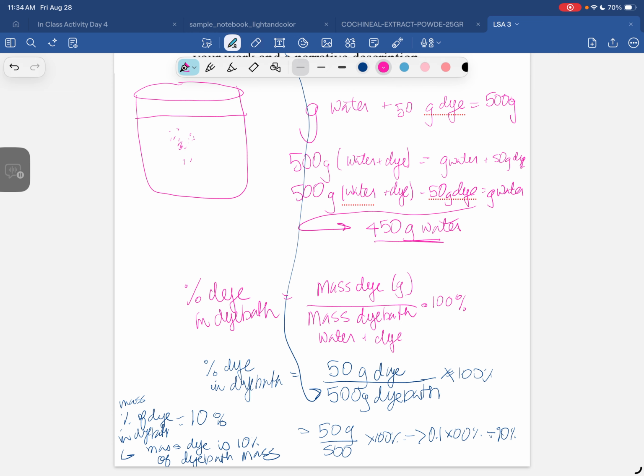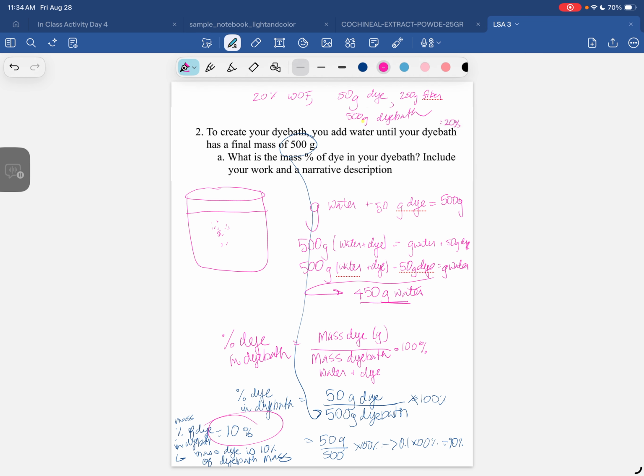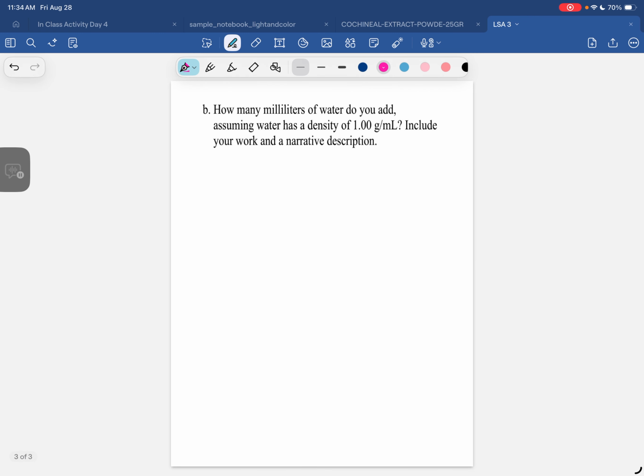All right, so we're going to highlight the answer, 10%, and that's just another way of describing our number. So now I'm going to flip over to our second question, part B, which is saying how many milliliters of water did you add, assuming water has a density of 1.0 grams per mL.